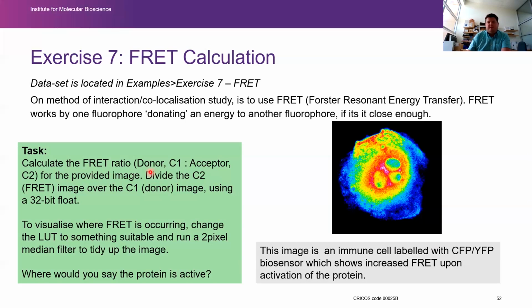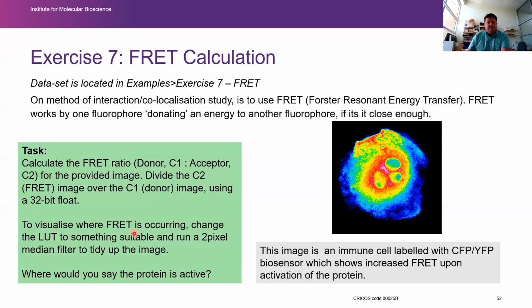To calculate the FRET ratio, there's the donor, the acceptor, and there's a FRET image, I believe. And then you divide the FRET over the donor. Sorry, the acceptor channel is the acceptor dye, but under FRET conditions.